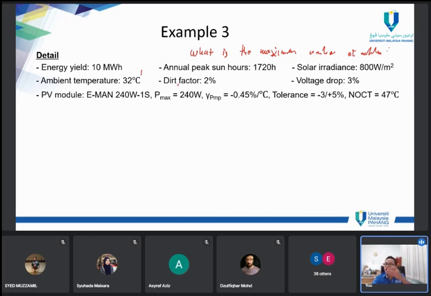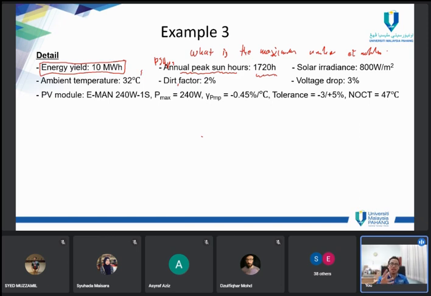Okay. You are given the energy yield. So this is the target of energy yield. Then you are given the annual peak sun hours, PSH PA. Not the 1,440, it's 1,720 hours per year, for example, at a certain location.